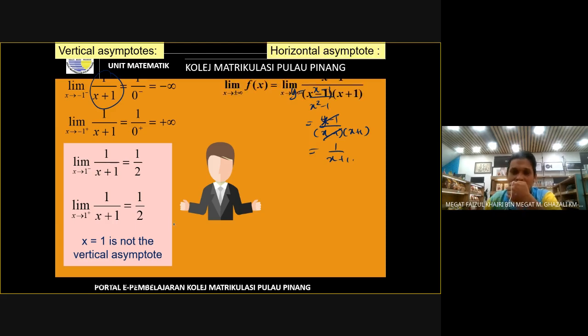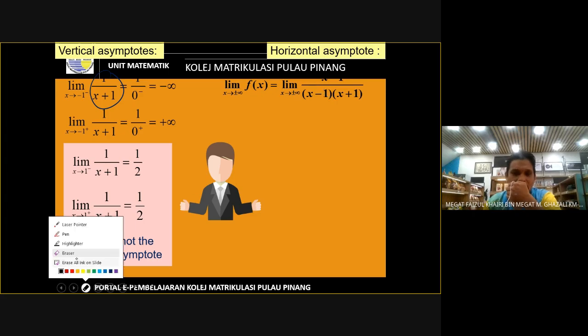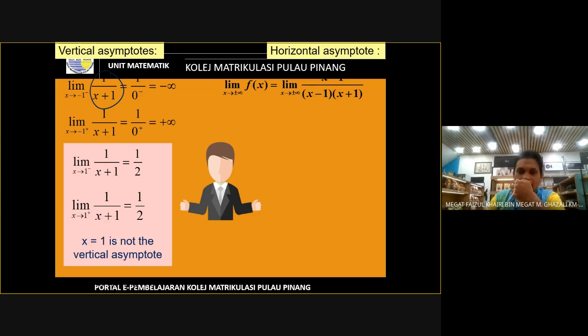And then for the horizontal asymptote, substitute the value of x, when x is getting bigger, positive or negative infinity, it is 1 over infinity.